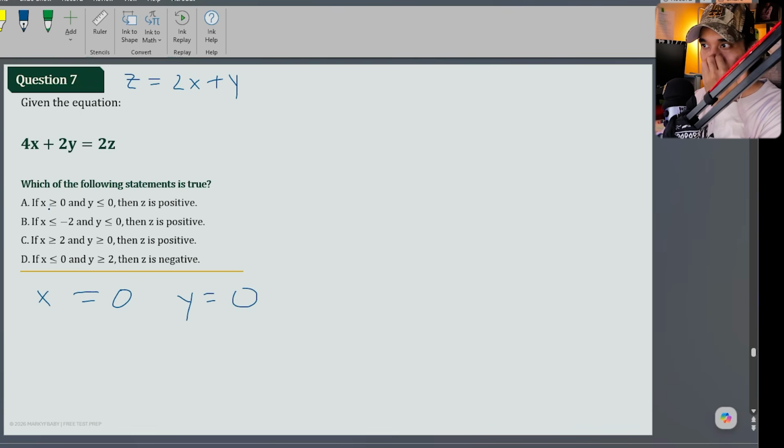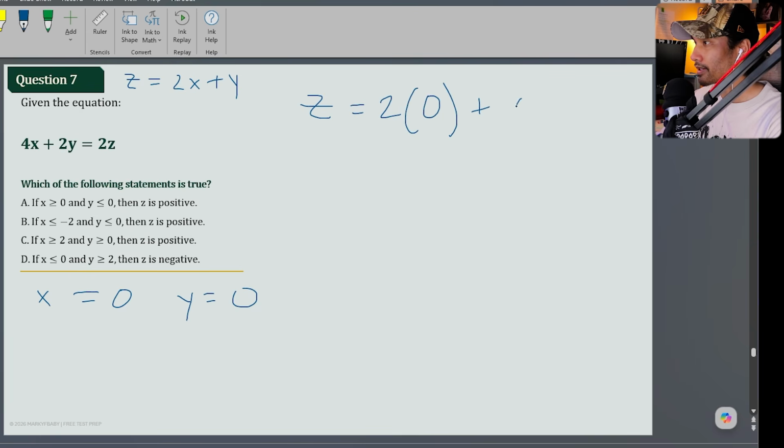Because x can be equal to 0, since x is greater than or equal to 0, and y can be 0 or less than 0. So I plug it in and get 0 plus 0. Z is equal to 0. That is neither positive nor negative. We've already disproved it.